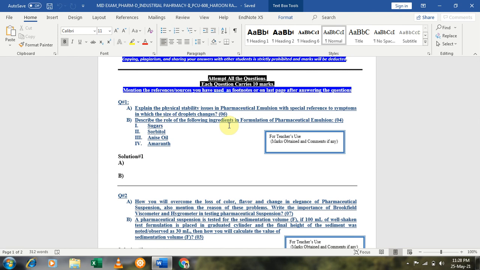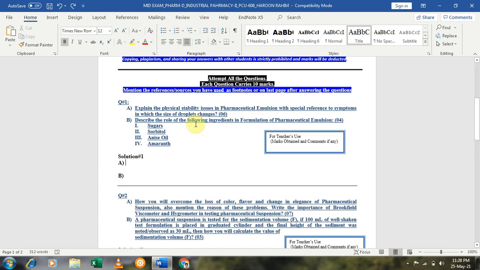You have to solve this question, part A, here, but remember that before attempting this question, you can consult the chapters, pharmaceutical emulsion, and you should be specific while attempting this question.